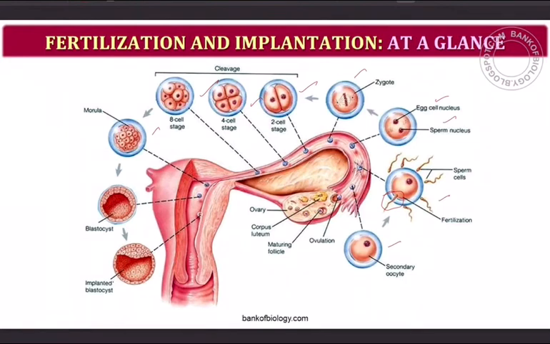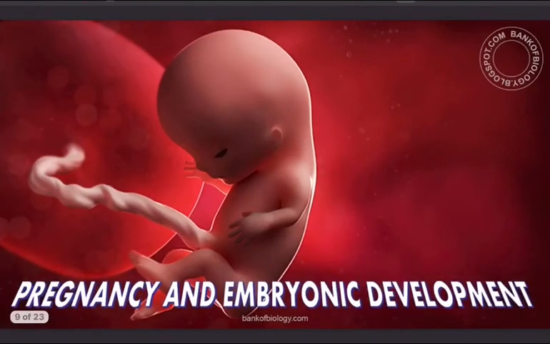Once the morula is formed, the blastocyst is formed. Now the blastocyst starts getting attached to the inner walls of the uterus, that is the endometrium. This attachment of the blastocyst, or blastula-staged zygote, to the endometrial walls is implantation. This is how implantation takes place.